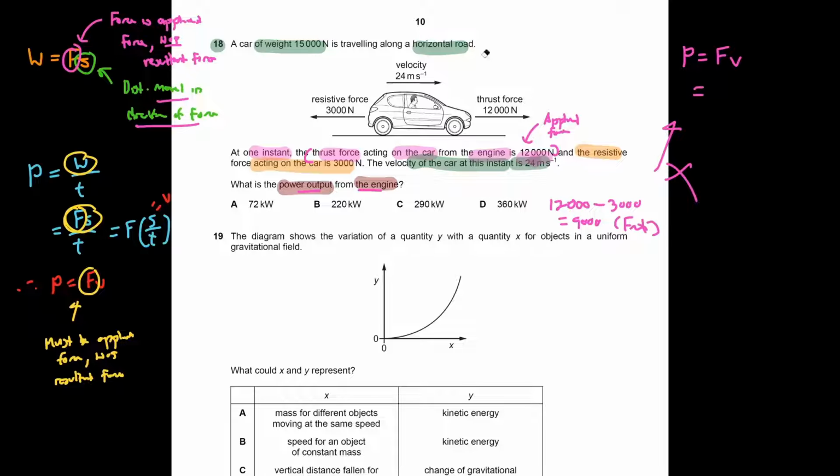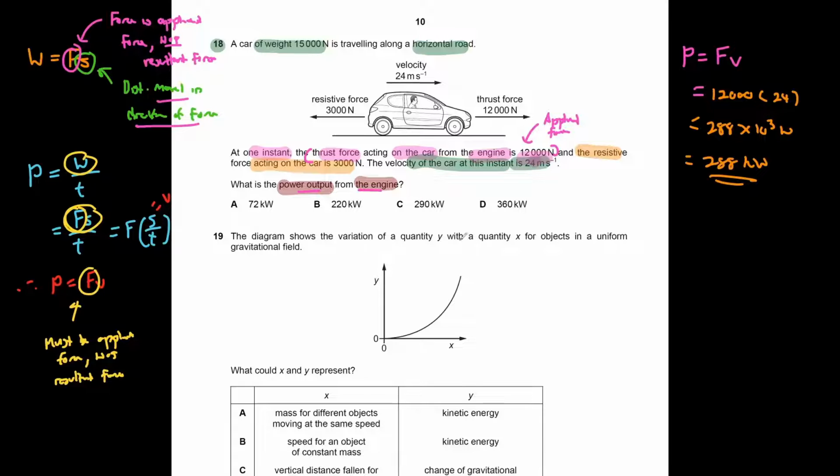Okay, so don't ever use net force. Use the applied force. So in your case, you will use the value of 12,000 Newton multiply with your speed of 24, giving you a final answer of 288 times 10 power 3 watts. So it's 288 kilowatts. Change to 2SF, it will be 290 kilowatts. Okay, that's for question 18.